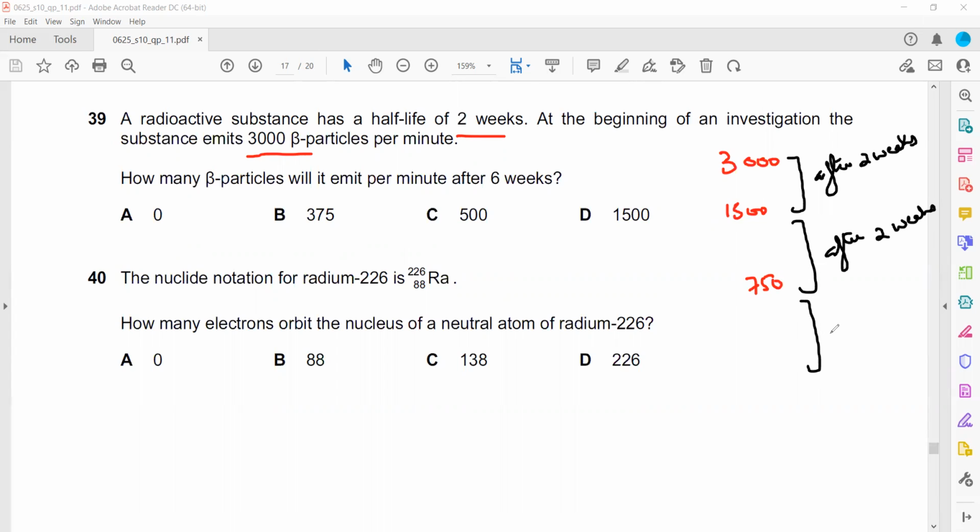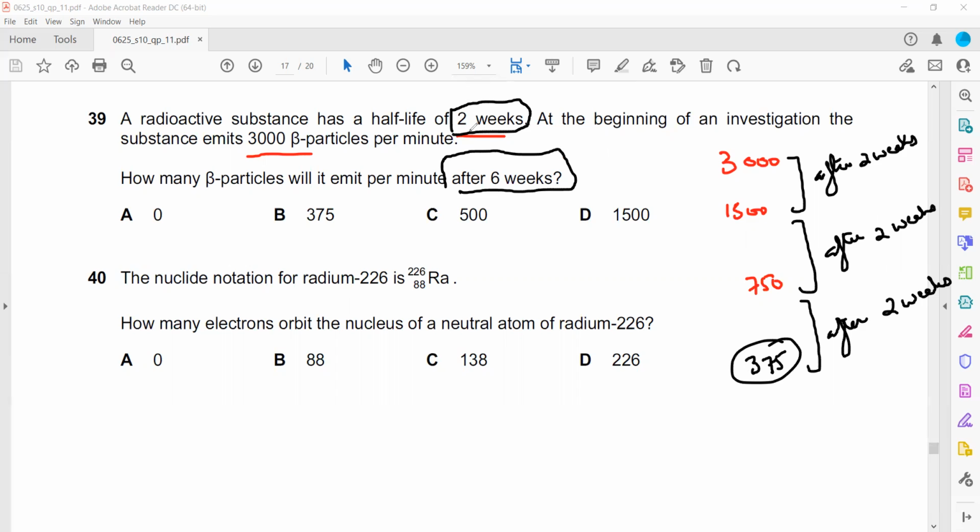Then after another 2 weeks, that is 375. And why do I stop here? Because we want to find after 6 weeks. So after 6 weeks, if the half-life is 2 weeks, that means 3 half-lives. So after a total of 6 weeks, the amount of beta emitted from the source will be left as 375. So B will be the right answer.